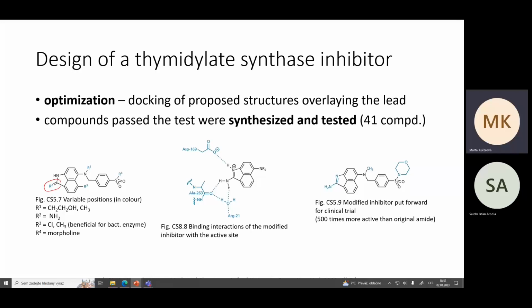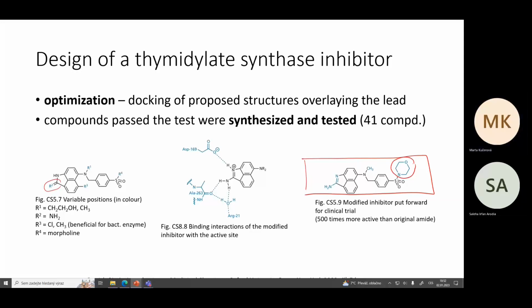And a very active compound was found in the end. So instead of the lactam moiety, there was an amidine moiety, and for water solubility, morpholine was involved, which is a typical structural feature that improves water solubility.